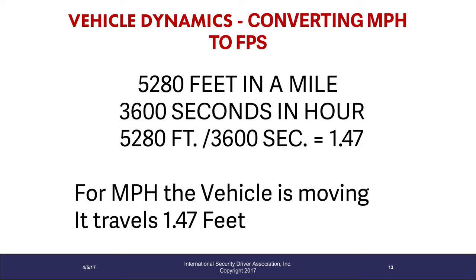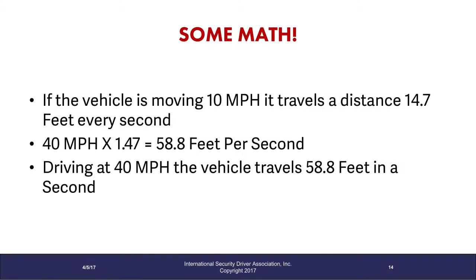What does that tell us? For every mile per hour driven, the car moves 1.47 feet. If the vehicle is moving 10 miles an hour, it travels a distance of 14.7 feet.